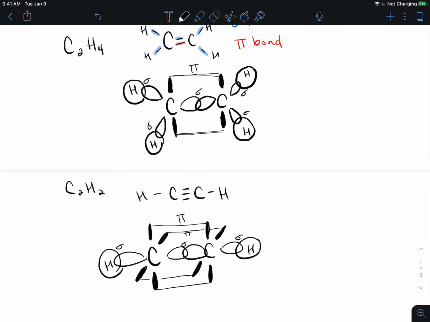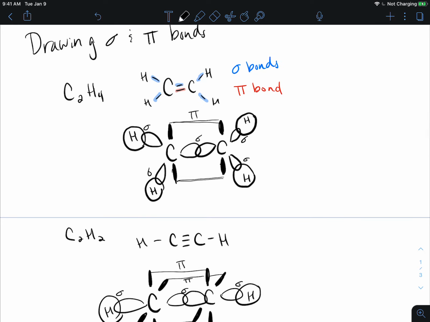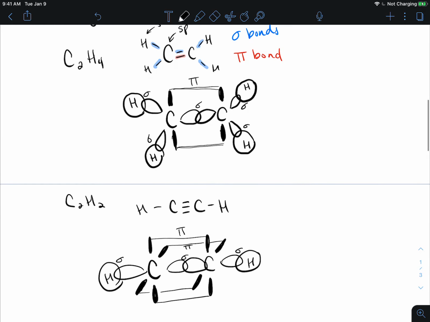Now, thinking about this, looking at our number of electron domains, we know that this carbon right here is sp2 hybridized, and then we know this is unhybridized, so we're talking about s orbital. And then here we are sp hybridized.